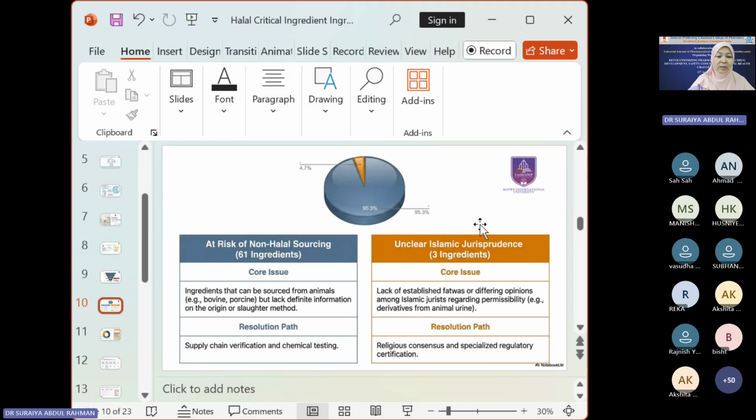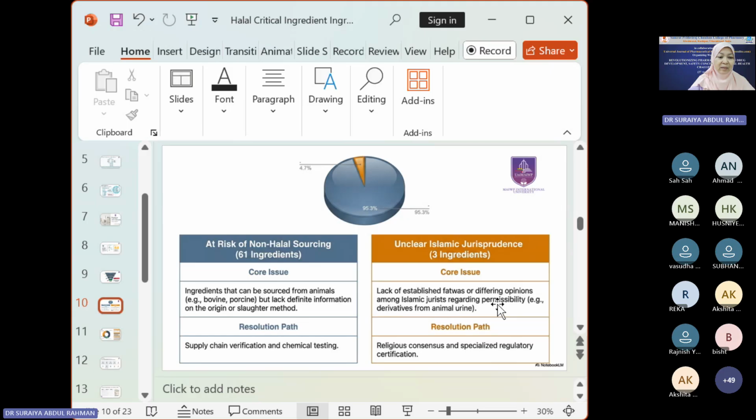Materials can also be considered shubha or doubtful because there is no established decision or fatwa among the Islamic scholars regarding the permissibility of the ingredient, for example, ingredients based from animal urine. In the next slide, I will share what those commonly used ingredients are.